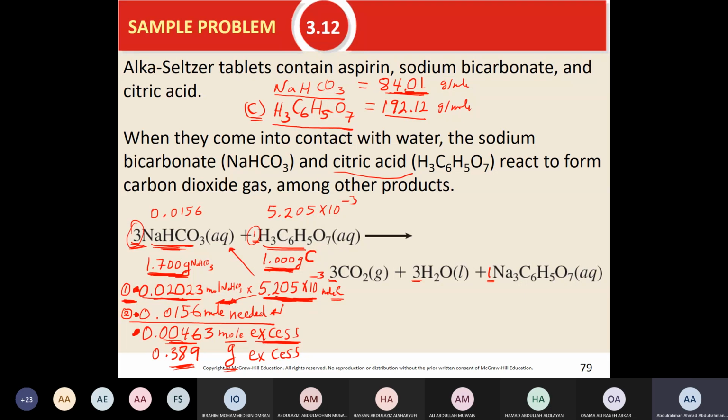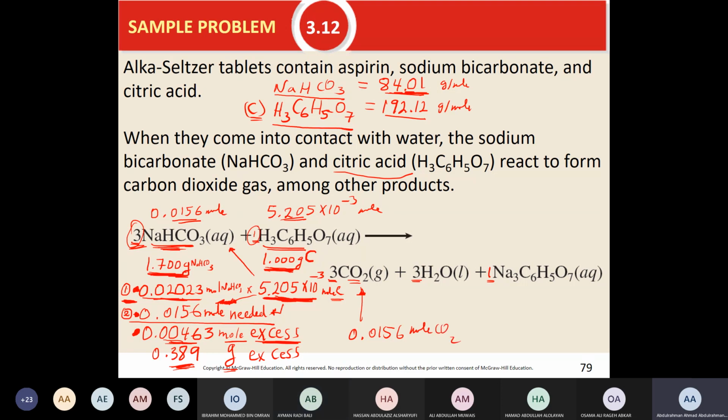Now, if I react this 1 mole with this 1 mole, how many moles CO2 am I going to produce? Three moles. No, not 3 moles. Could you repeat that? If I put this one with this one, how many moles CO2 am I going to make? 0.0156 mole CO2.